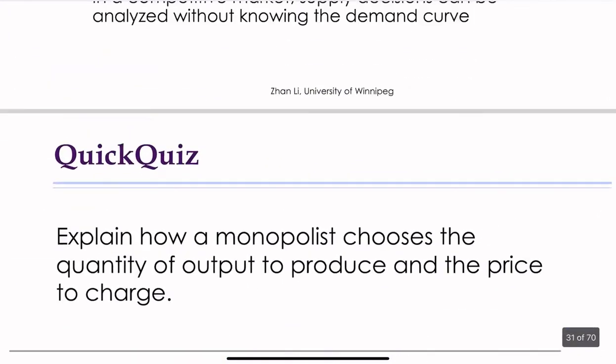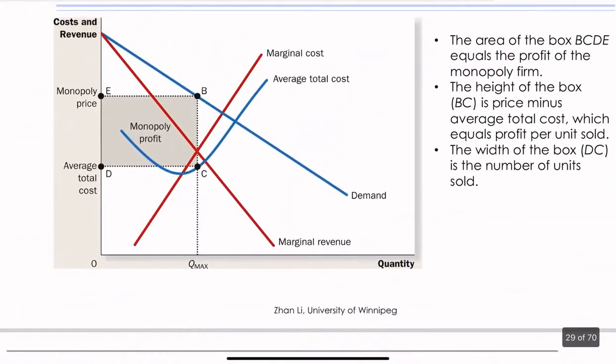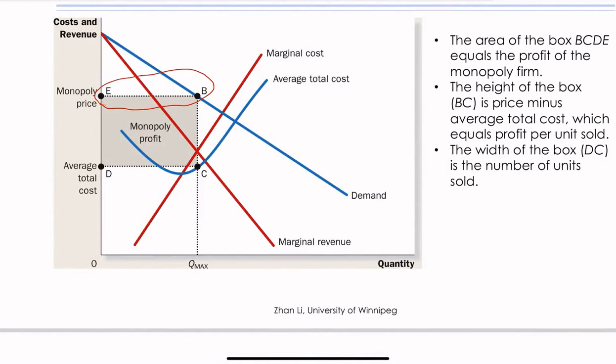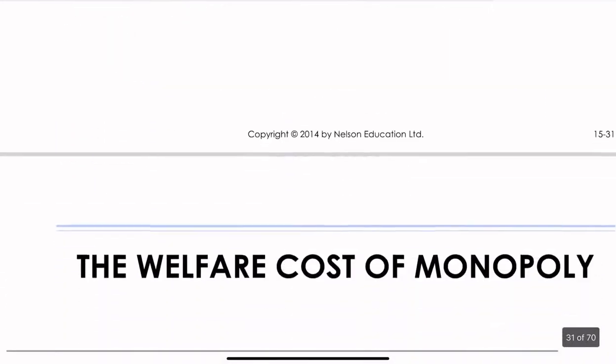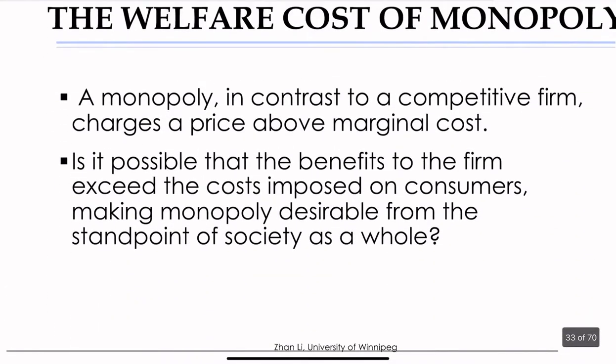So this is the price, and this is the marginal cost. So you can see that price is larger than marginal cost. So this is a major difference. And very quickly you will see that this major difference drives the result, that is, monopoly is inefficient.